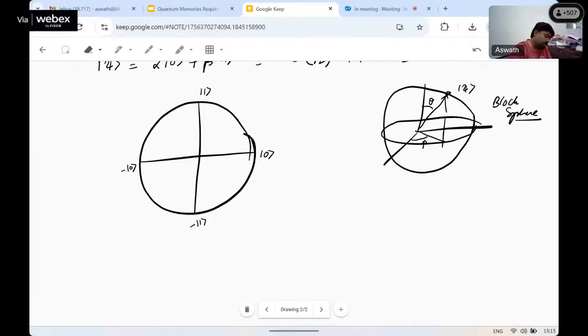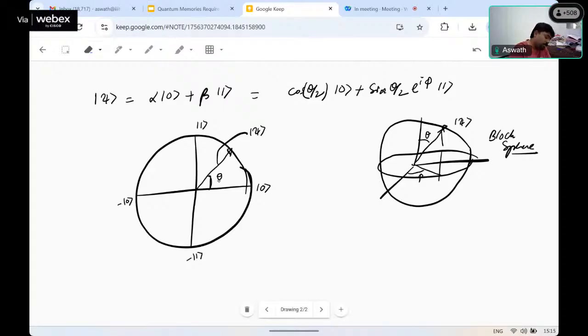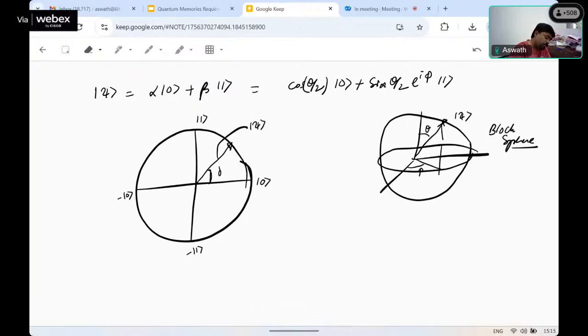Let's say initially the atom is represented by this vector psi. There is a fixed angle between 0 and 1. Let me take a different angle to avoid confusion: let me use some delta between 0 and 1.